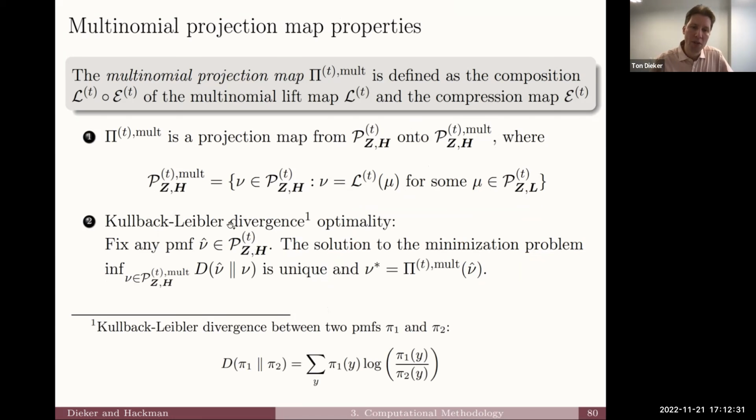Moreover, the distance between an arbitrary nu hat and this manifold P-mul is minimized by this K map, sorry, pi map, with an appropriate notion of distance, which is the KL divergence, which actually is not a distance.